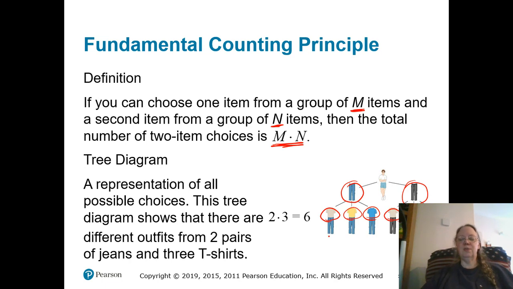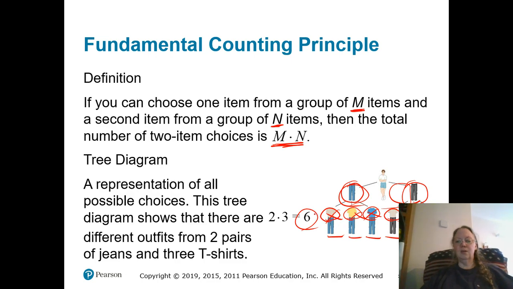So if you count up the number of outfits, 1, 2, 3, 4, 5, 6, you see that if you take 2 and multiply it times 3, you end up with 6 possible outfits.